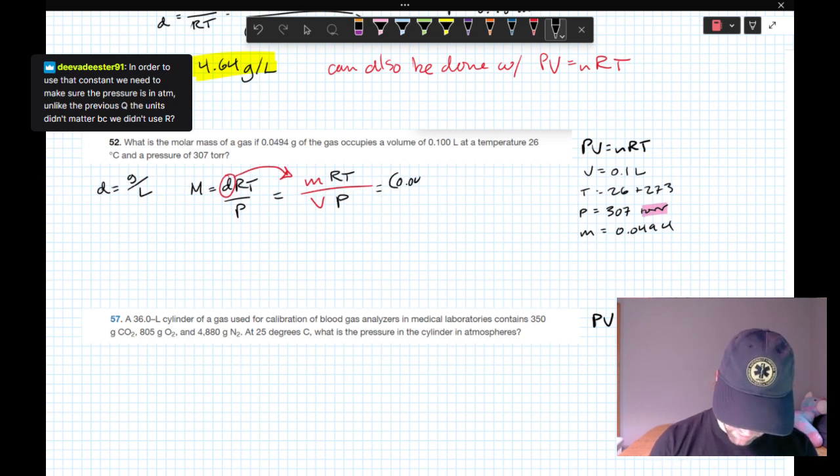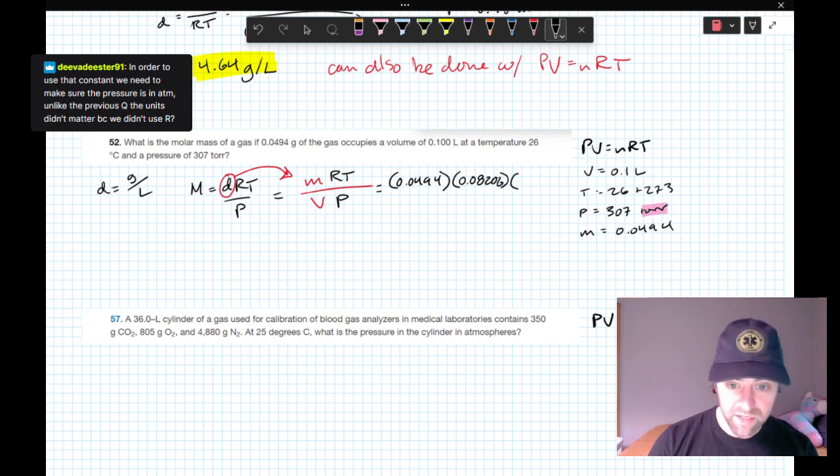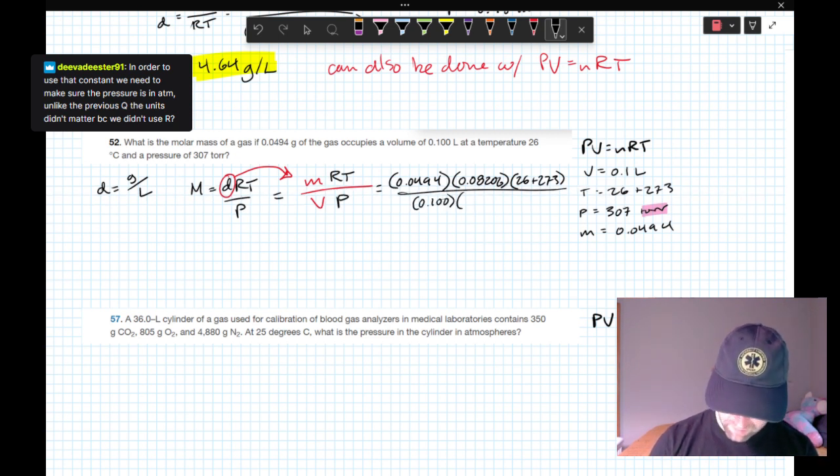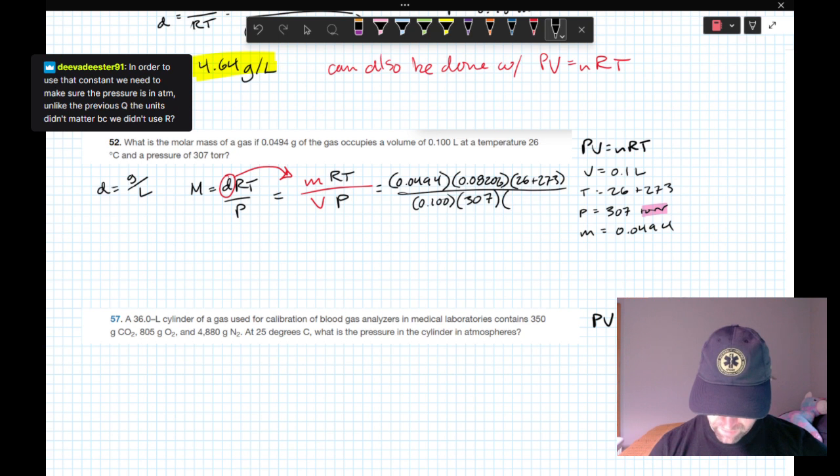So now we've got 0.0494 grams times the gas constant times temperature over volume and the pressure in torr.